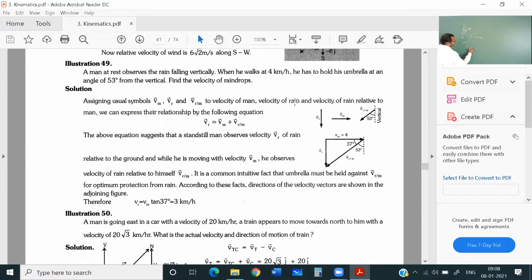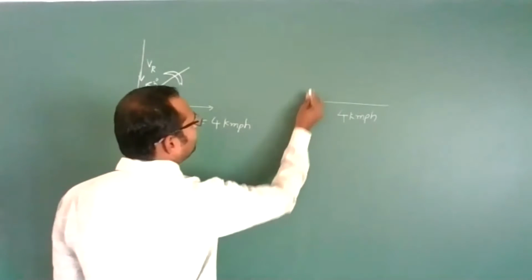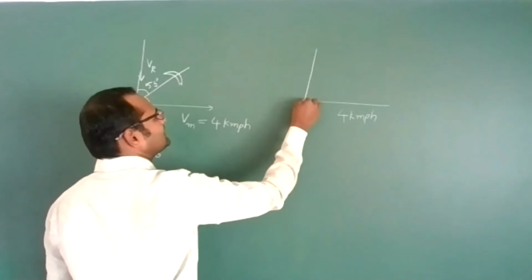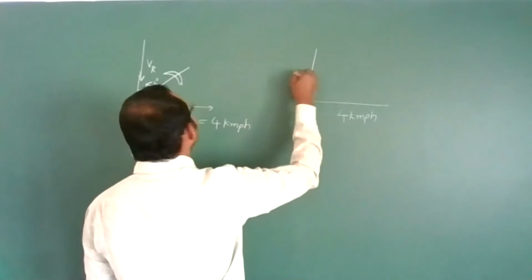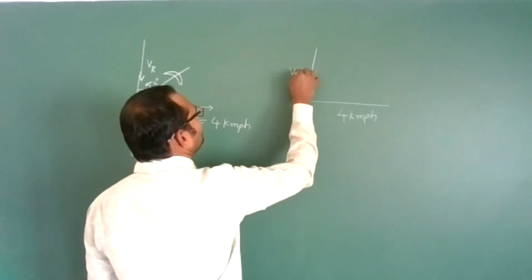A very simple problem. See here, you form a triangle. This side is 4 km per hour, the velocity of the man, and rain is falling on him like this. This is the velocity of rain, VR.